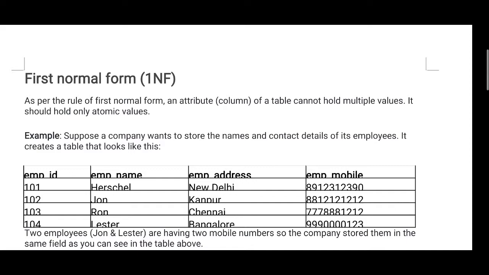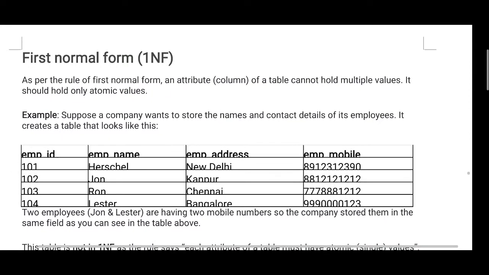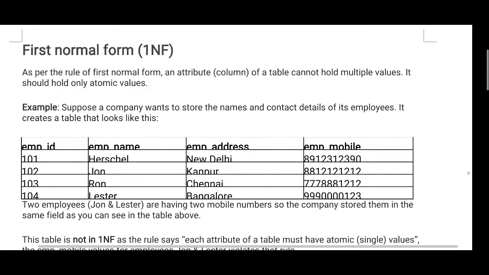It holds only one atomic value. An attribute or attributes or column of a table cannot hold multiple values. It should be only one atomic value.